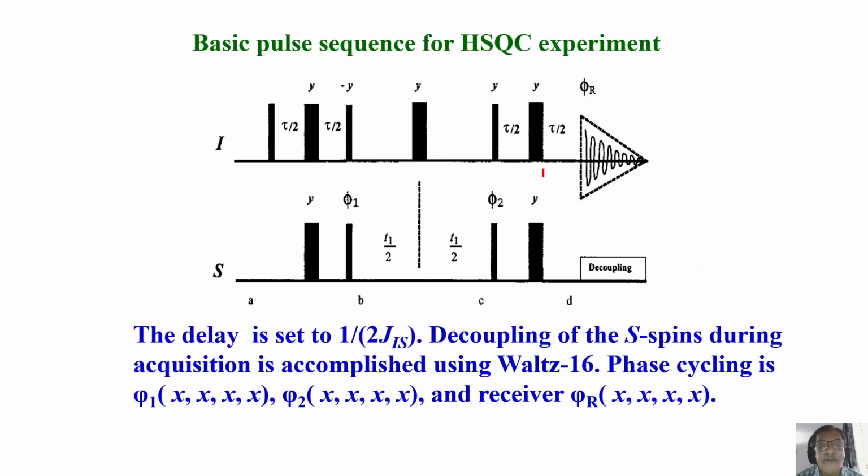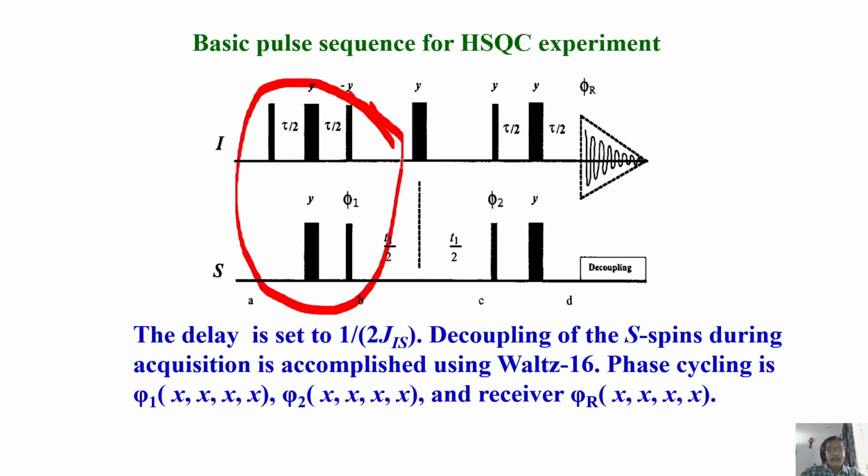This is the basic pulse sequence for HSQC. Can you notice some similarity with what we discussed a couple of classes back? If you look carefully, does it not look like INEPT? Exactly, this looks like a reverse INEPT.